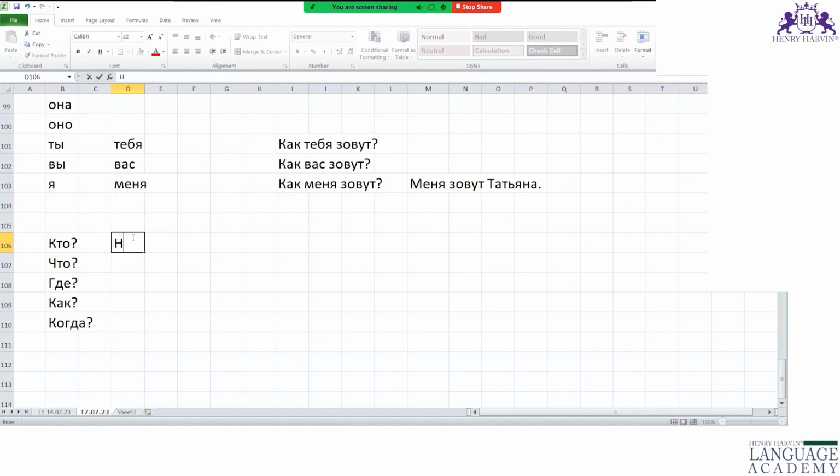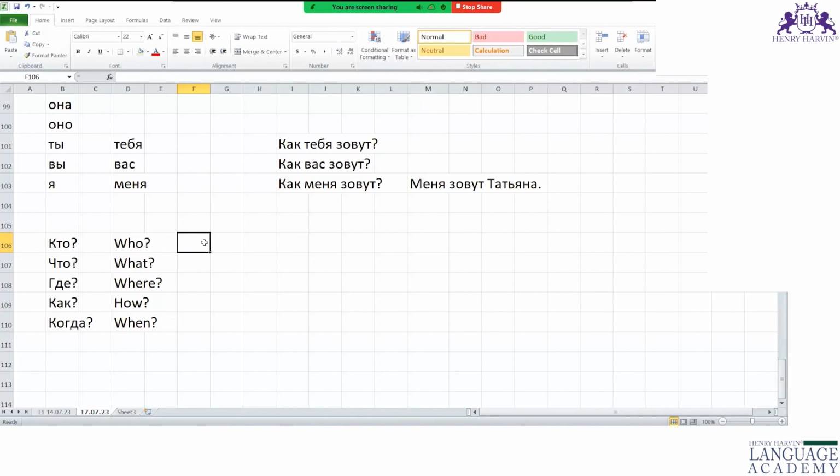So кто is who, что is what, где is where, как is how, когда is when.